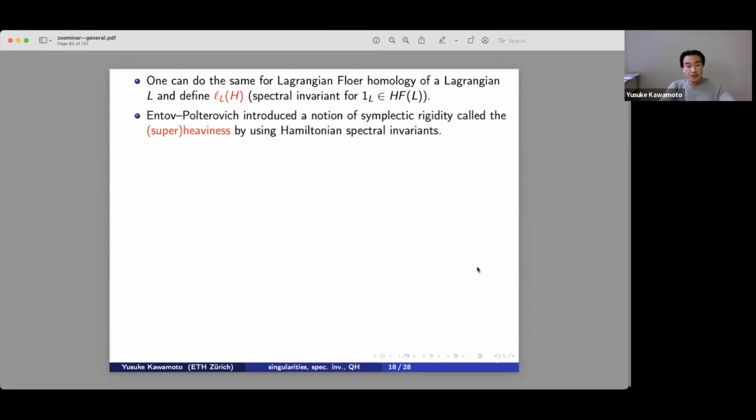Okay, so Entov and Polterovich introduced a notion of symplectic rigidity called superheaviness, by using the spectral invariants. They actually introduced heaviness and superheaviness, but in this talk, I'm only going to talk about superheaviness.